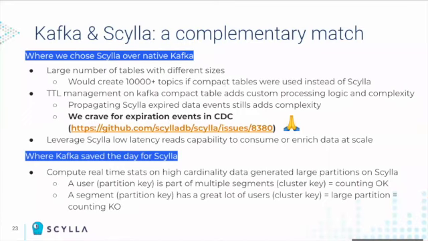When you have a user, here our partition key on Scylla, that is part of multiple segments, the cluster key, counting is okay. We can do it through Scylla. A segment, which is still our partition key here, when it has a huge number of users, the cluster key, this gives us large partitions. And those large partitions make counting a little bit hard on Scylla. So we ended up using Kafka Streams to compute those statistics on the fly.